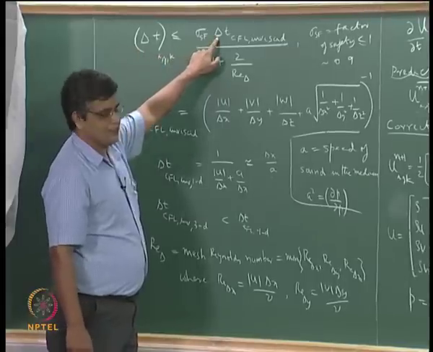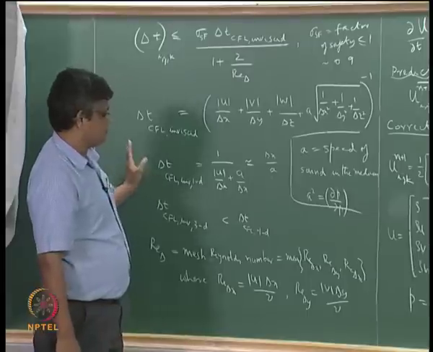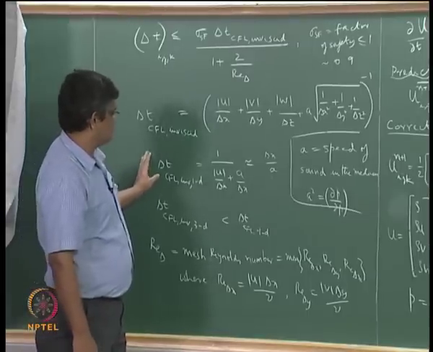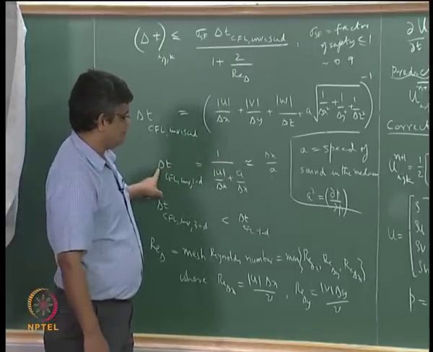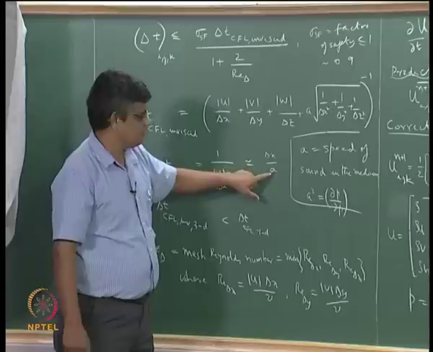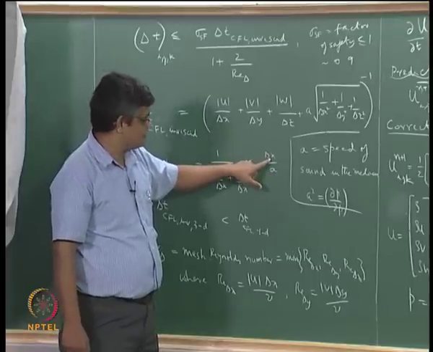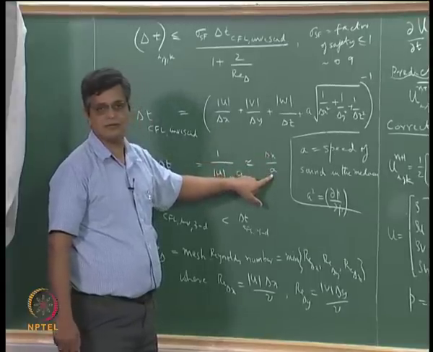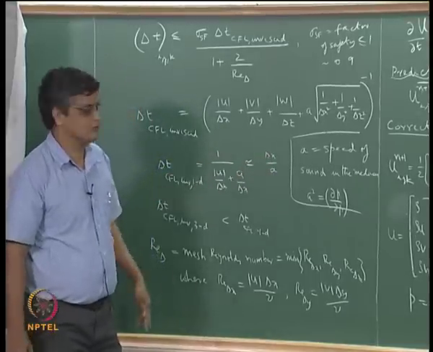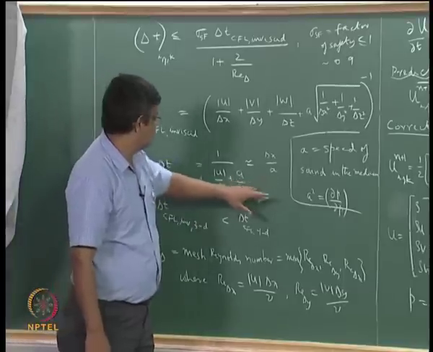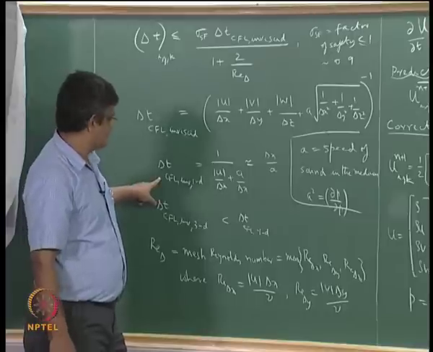the delta t CFL for a pure convective problem, which is based on the delta t maximum, is delta x by the wave velocity. In this particular case it is delta x divided by the speed of sound, and we know that the speed of sound is typically high, so that means delta t is small.